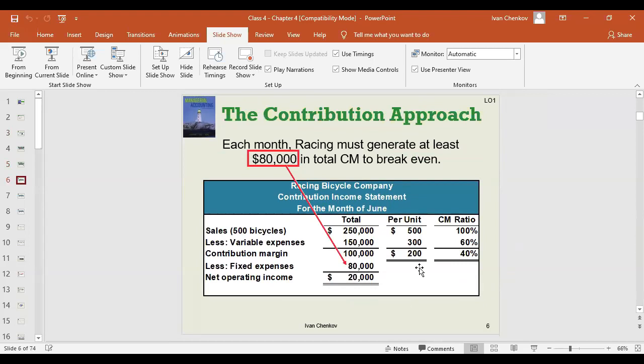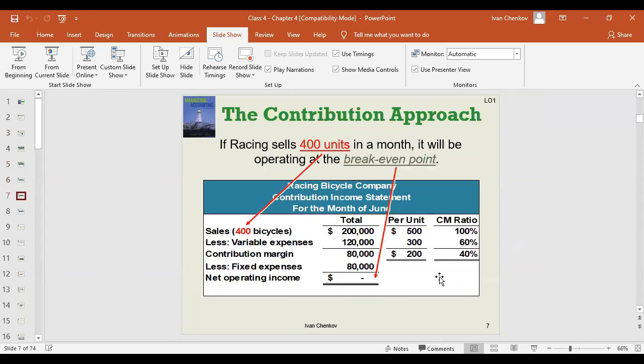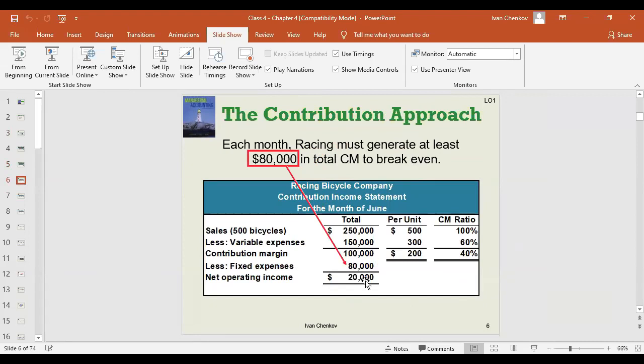The next thing that we need for the break even is the fixed cost. Once we know the fixed cost, the contribution margin per unit, and the contribution margin ratio, we can calculate everything we want. So that's how we're going to come up with the break even.